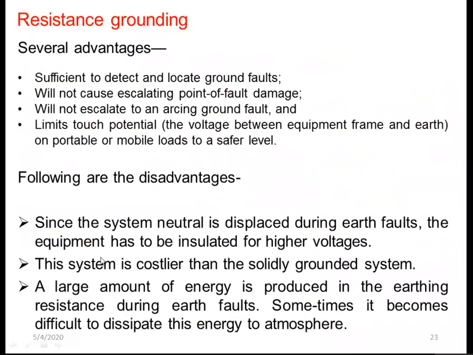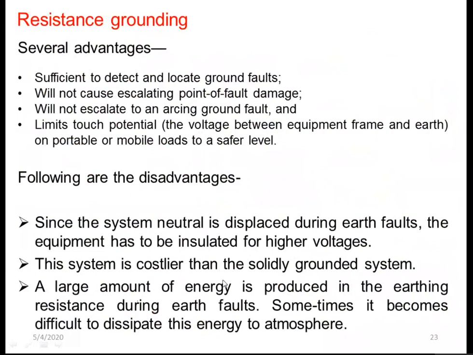And next, the second point is that, depending upon the value of resistance that you want to add between the neutral point and the earth, the system can be costlier here. And again, depending upon the value of resistance we have introduced and the magnitude of the current that flows, there would be a large amount of energy produced in the earthing resistance.